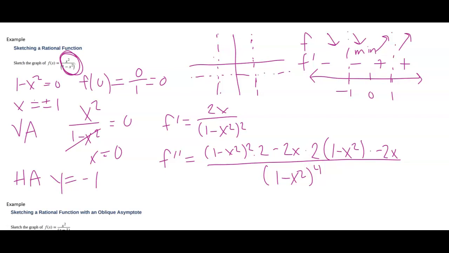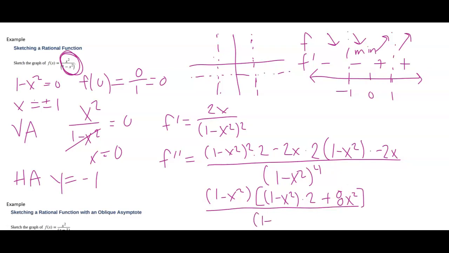I can factor out one of these 1 minus x squareds from both of the terms, and I'm left with 1 minus x squared times 2, and then it looks like it's going to be plus 8x squared, all over this to the 4th.